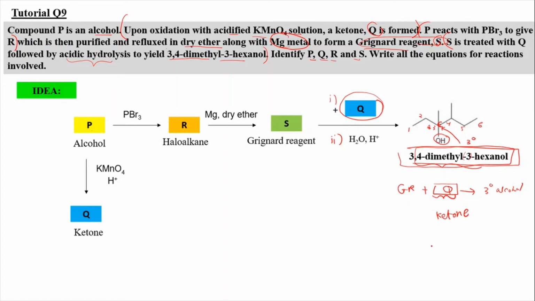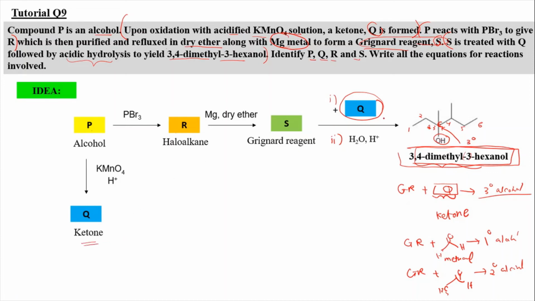Okay, as what you have learned, if Grignard reagent reacts with methanal, it's going to give you a primary alcohol. If it reacts with an aldehyde, where one is CH3 and the other one is H, it's gonna give you a secondary alcohol. But now, if it is a ketone, it's gonna give you a tertiary alcohol. So you know that the answer for Q is definitely a ketone.